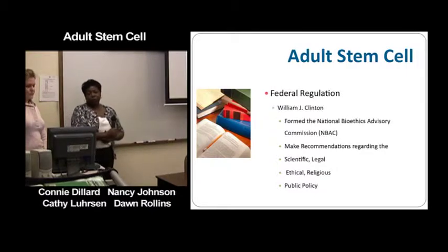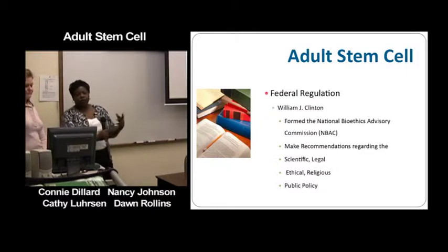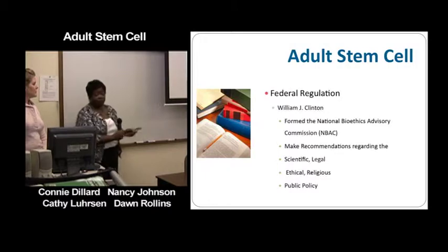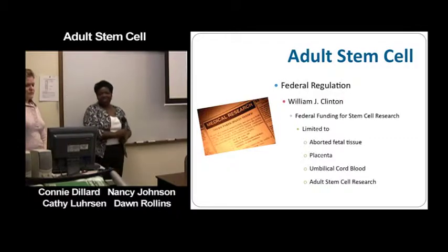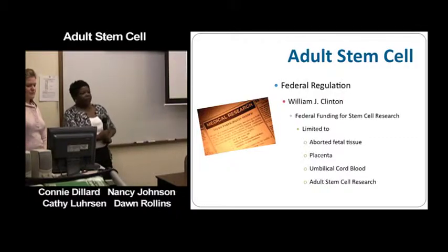So he recommended forming a National Bioethics Advisory Committee to make recommendations on the scientific, legal, ethical, religious, and public policy aspects of stem cell research. He also went a step further to limit funds to only aborted fetuses, placentas, umbilical cord blood, and adult stem cell research.